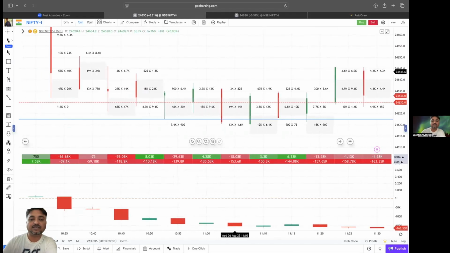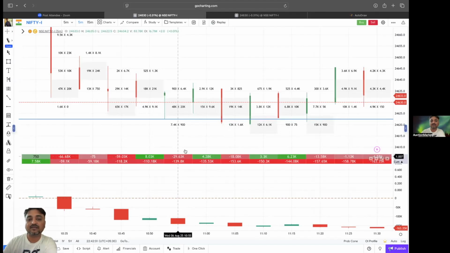So you can try to see here how the price is behaving. We got a 48K delta here at this particular time. We have to target the highest delta. The 48K delta is here and 20K buyers we have. Once we do the calculation, 48 minus 20K, we get the delta at around minus 29K.